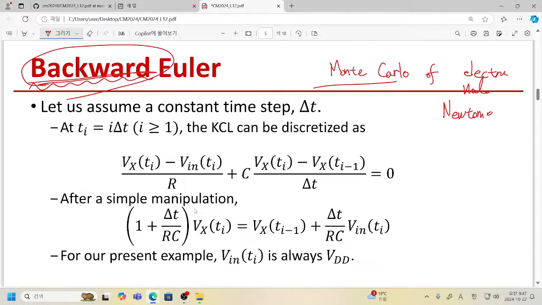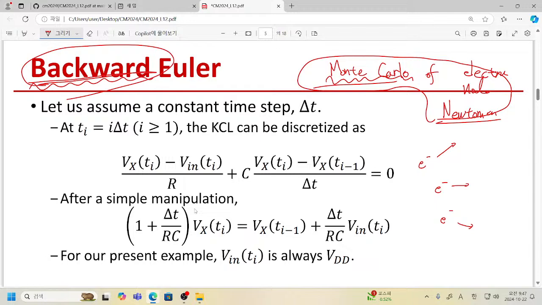In this case, Newtonian means Newton's second law, not the Newton-Raphson method. Of course, both names come from one physicist, but when we consider the movement of electrons in a semi-classical way with random variables, we call it Monte Carlo simulation.